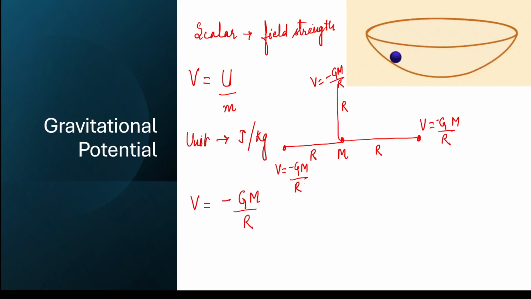Now, why this negative sign? Let's understand the meaning of potential. All right, let's say this is your Earth. Remember, we did it in the last video, that if it's a sphere, the mass is assumed to be at the center.